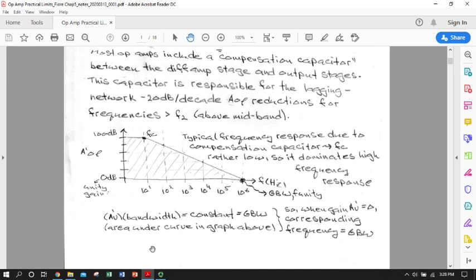Okay, a concept we went over in chapter 3 was that the product of the gain at any point times the bandwidth was a constant. So when we introduce negative feedback, and you can follow my little cursor here, we might drop the gain down from 100 decibels maybe down to, say, 20 decibels, and that would be high for a negative feedback network.